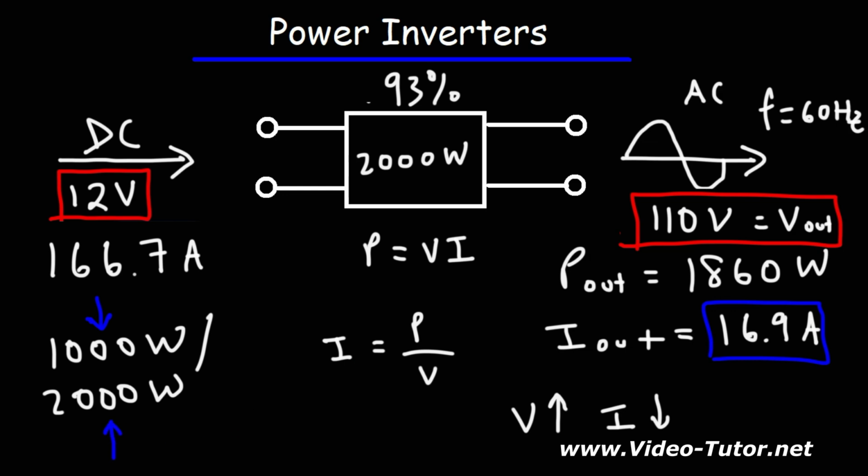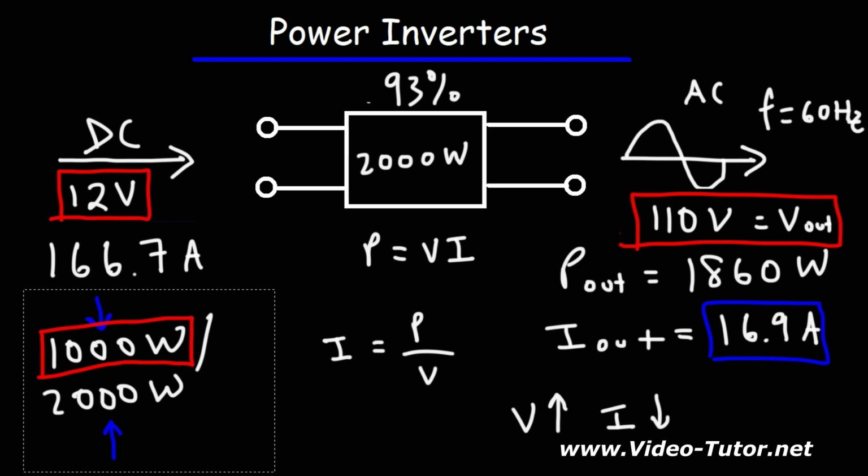The upper rating usually corresponds to the surge power. This is like the maximum power the device can handle for a short period of time. So whenever you want to power your devices, you want to base it on the lower value, because that's how much power it can handle under normal conditions.